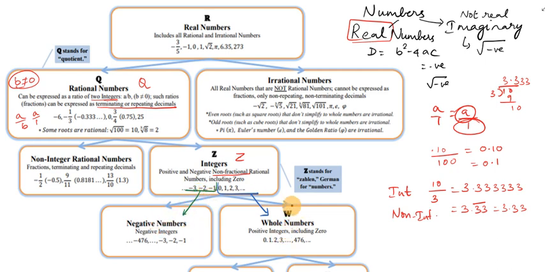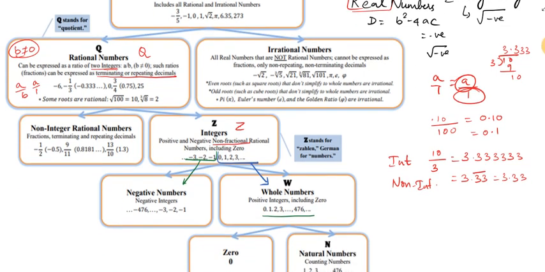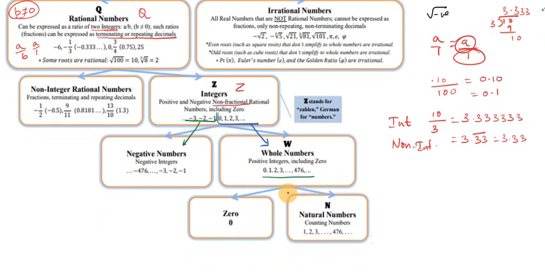So when you talk about whole numbers, it includes 0 and all the positive non-fractional numbers. Under whole numbers what do you have? Natural numbers and 0. So when you talk about whole numbers, you will have to include 0. When you talk about only natural numbers, you will exclude 0.